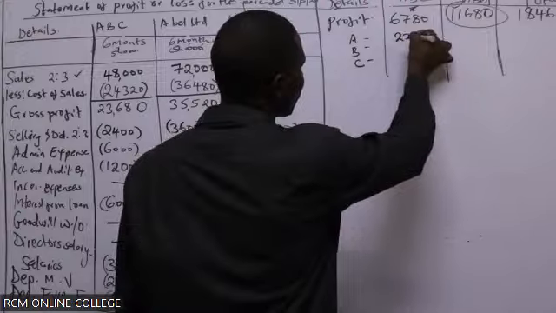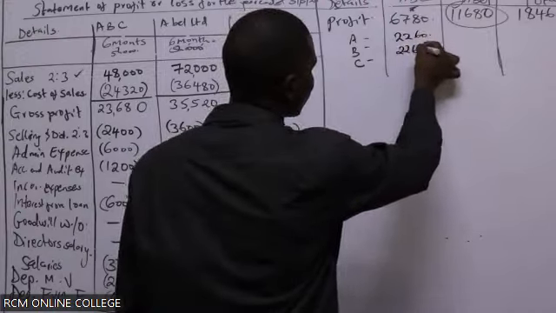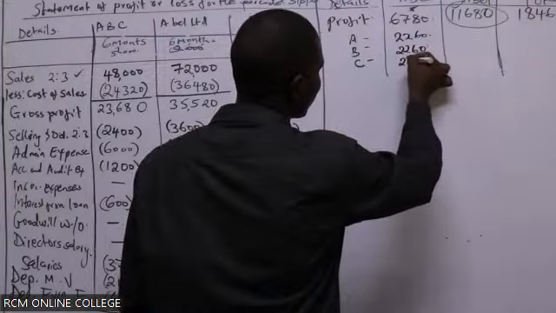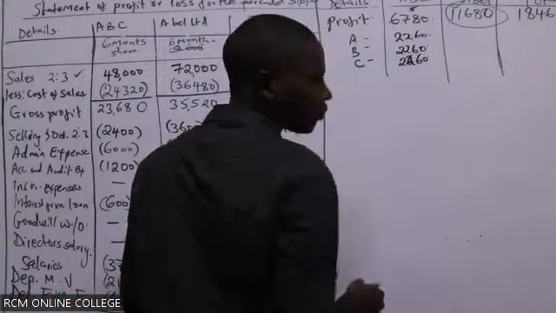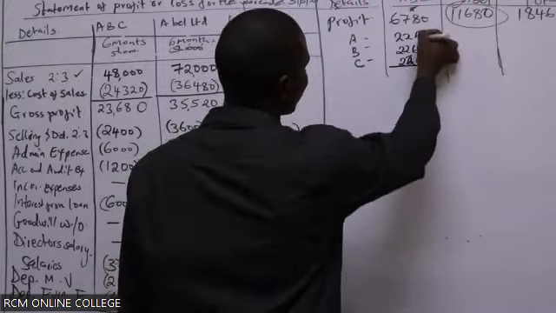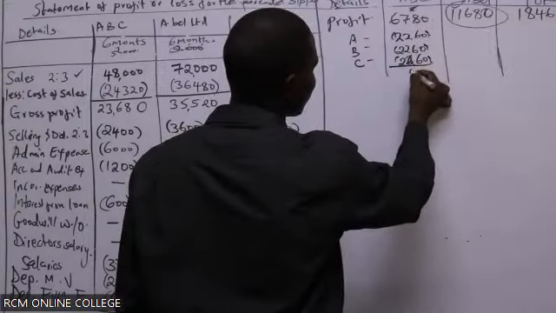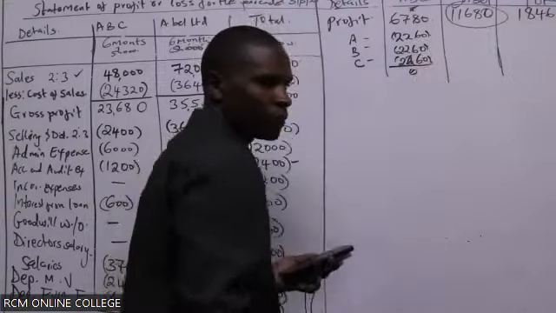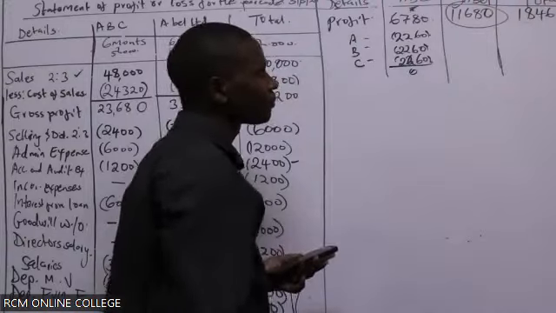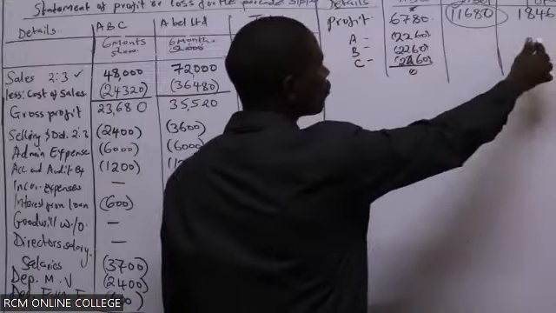22,260. So they're getting 2260, 2260, 2260. When you less this now, that means itakuwa imeisha. So from the total hapa tumetoa nini?